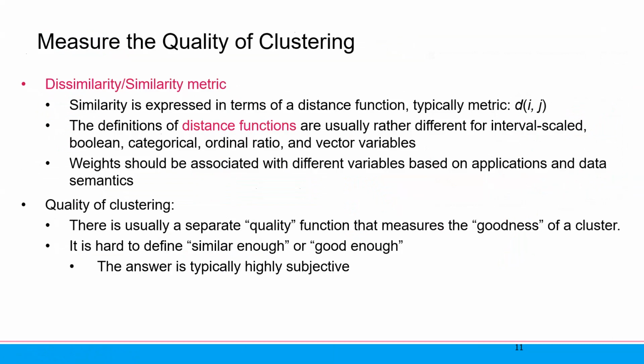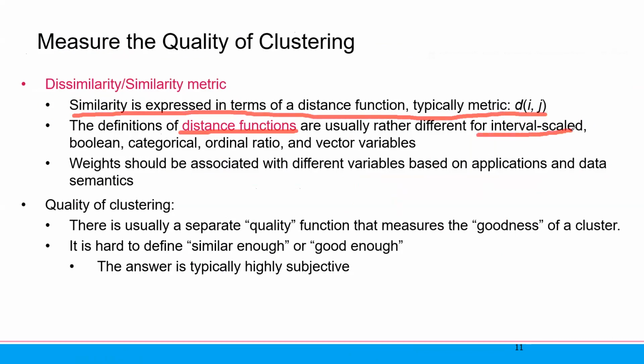The dissimilarity or the similarity matrix. We have the similarity, which is the distance function. That thing you already know. The dij means the distance. So the distance function, as you might know, is in numbers.